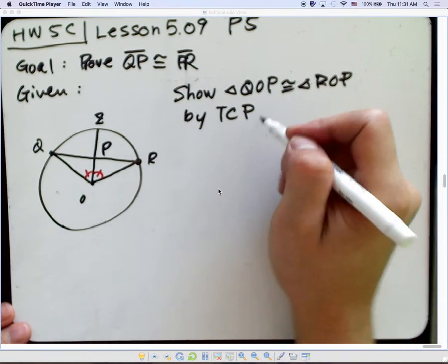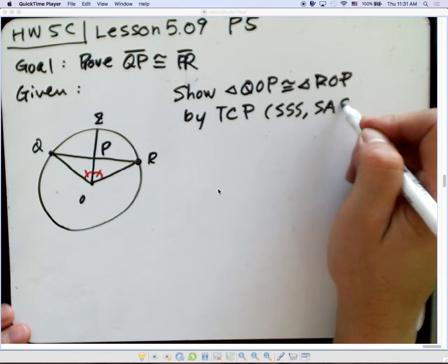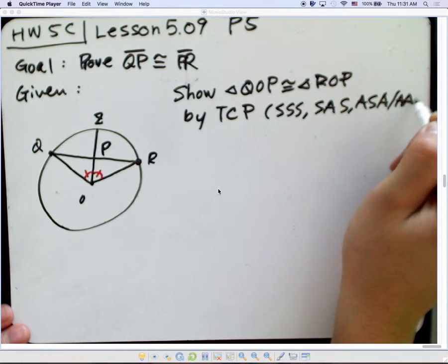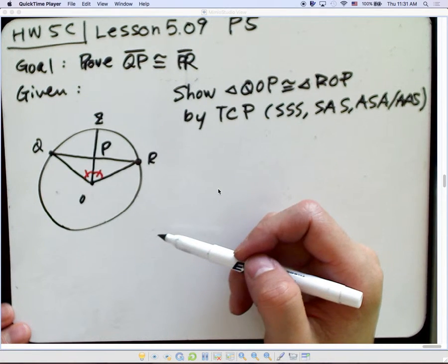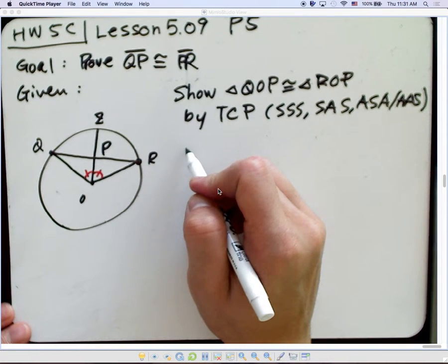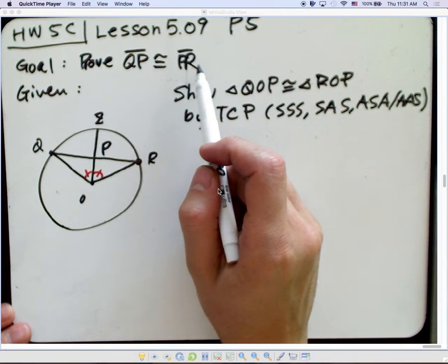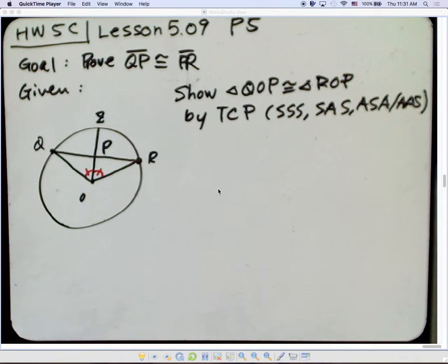That could be SSS, SAS, ASA, or AAS. Then you can say segment QP is congruent to segment PR by CPCTC. So those are the hints for the problem.